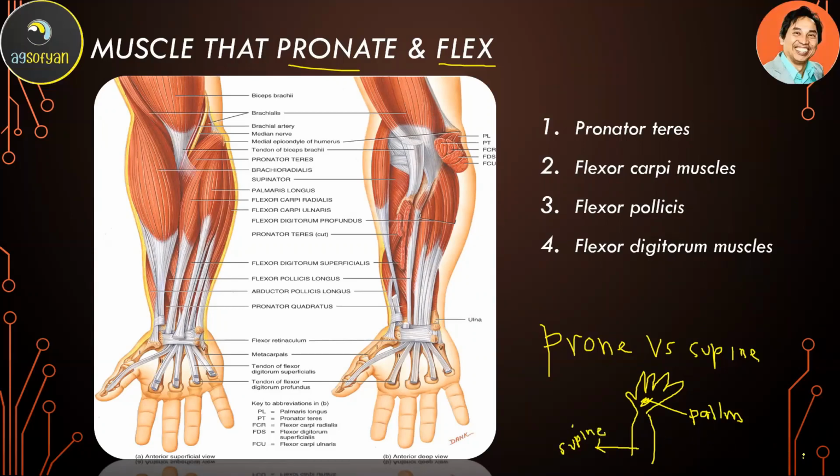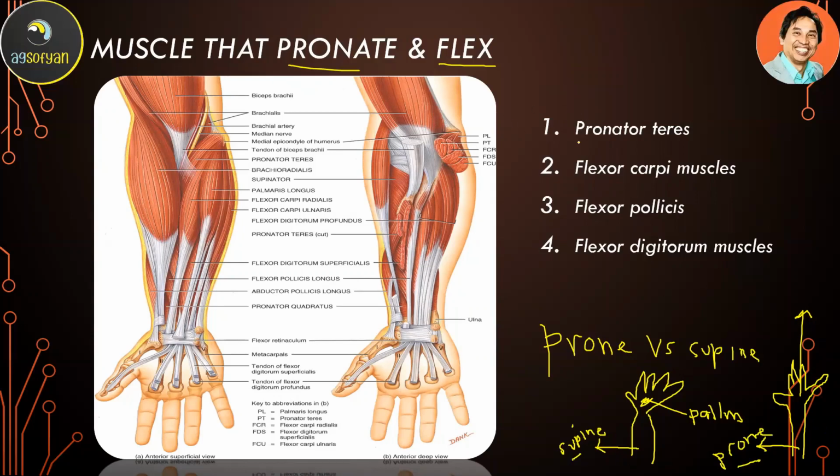But if you look at your hand like this, and you see the dorsal or the other side of your palm, you cannot see your palm. So this position is called prone. Okay, so when you see the back of your hand, you are seeing the prone position. Just remember that first.